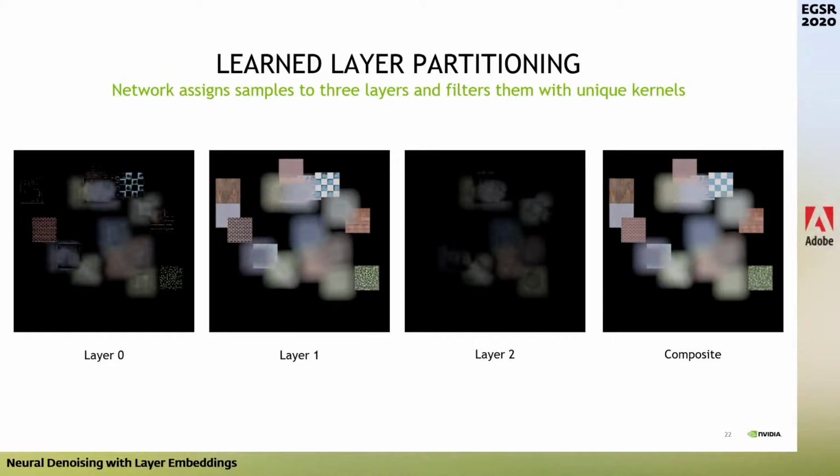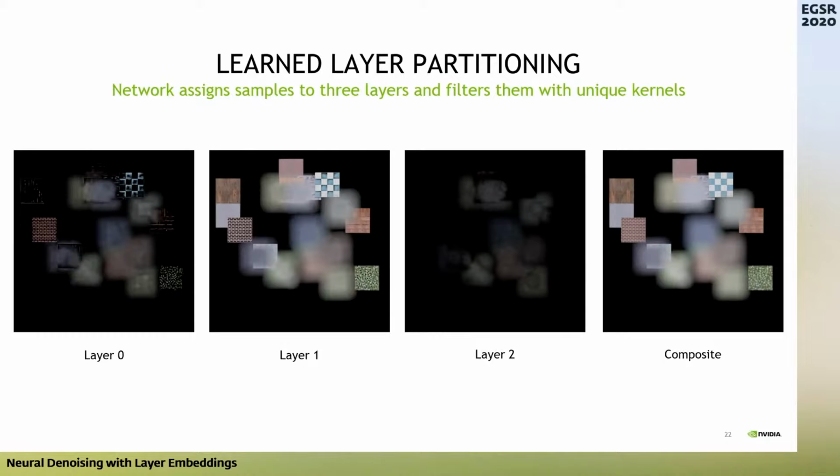Here is a visualization of the 3 layers after filtering. If we look at layer 1, you can see that it contains most of the in-focus quads, along with some of the blurry foreground quads. In layer 2, you only have blurry information from the foreground. And layer 0 has some of the blurriness of the foreground objects, but also high frequency texture detail from the in-focus layers.